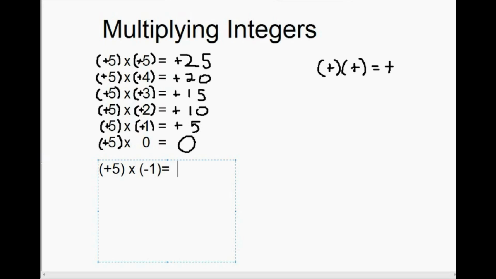If you look at the answers to these questions, you can see there also is a pattern in the answers. The values seem to be going down by 5s. So we're at 25, 20, 15, 10, 5, 0. If we continue that pattern, the answer to this has to be negative 5.